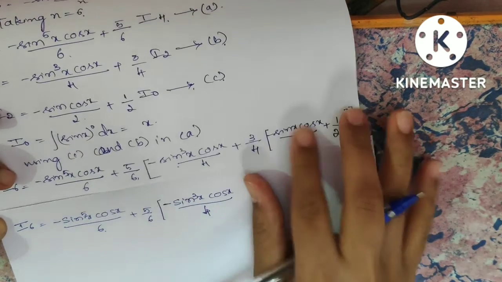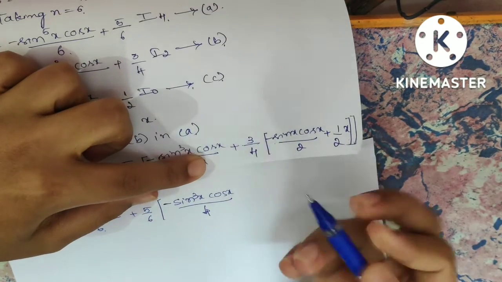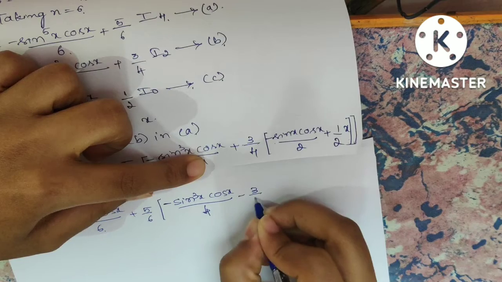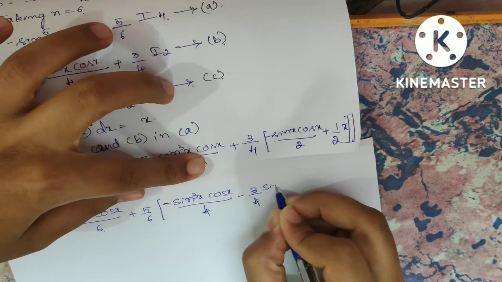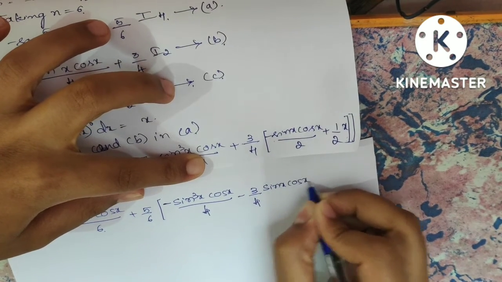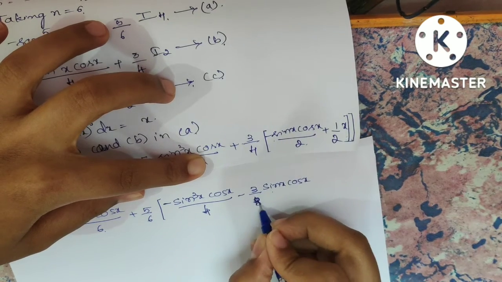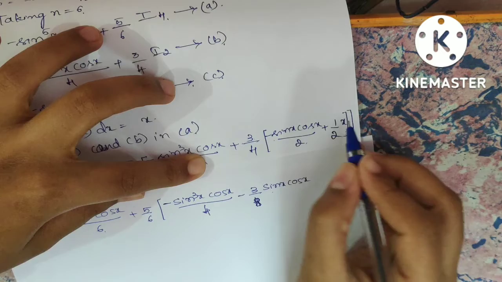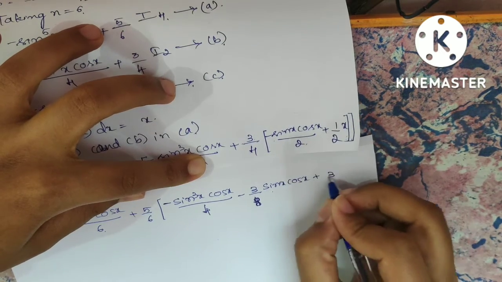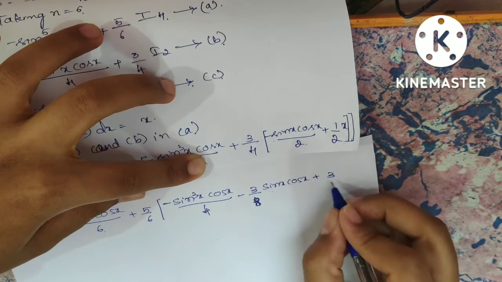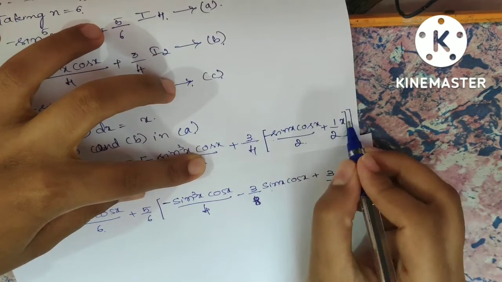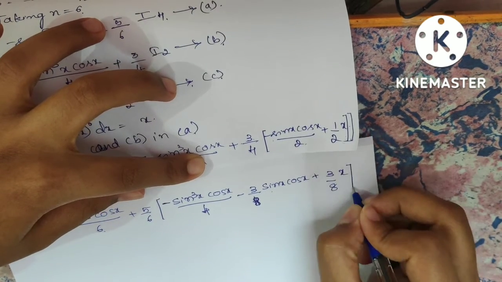First I'll remove this bracket. Plus into minus is minus 3 by 4 sin x cos x, 4 twos are 8, again 3 by 4 twos are 8 into x.